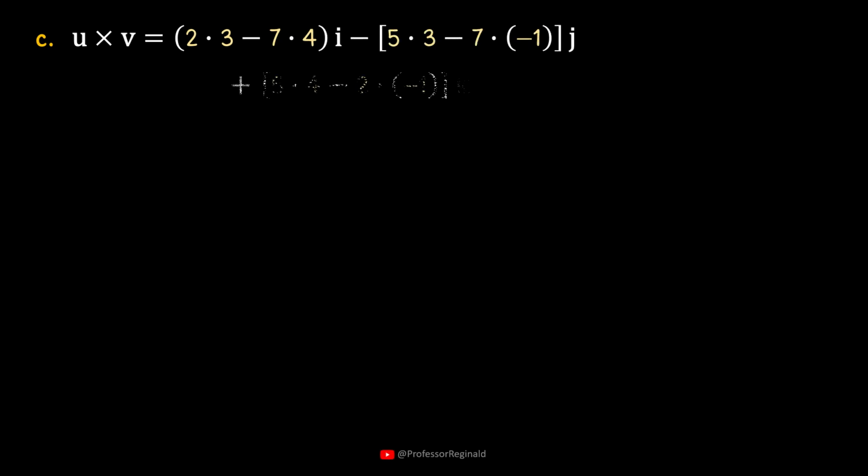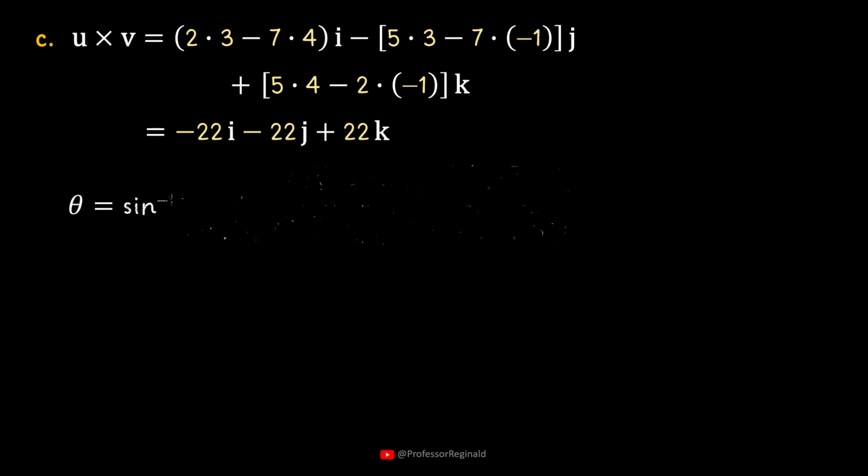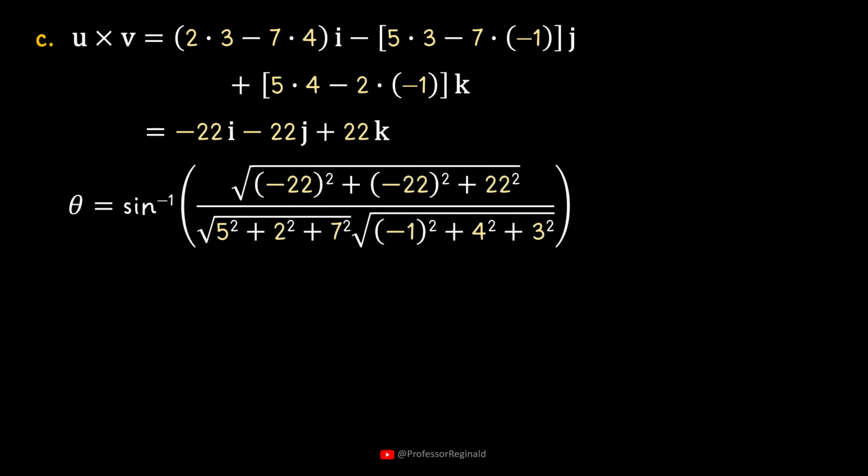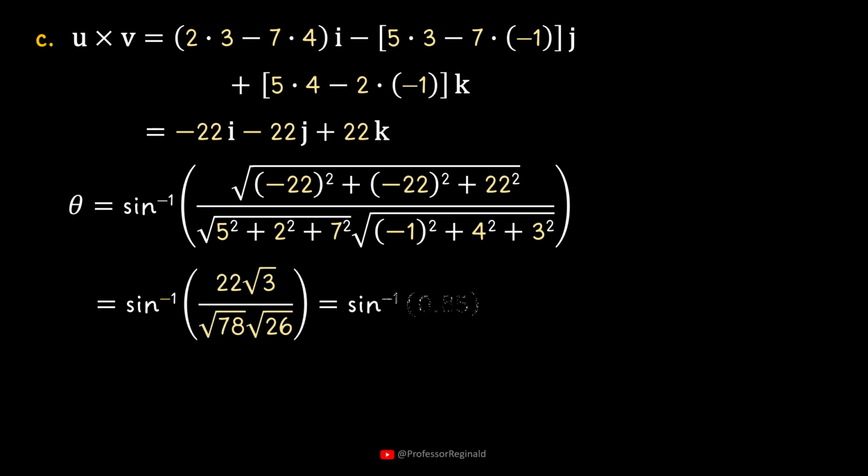C. Compute the cross product of u and v. Use the derived expression for theta. Thus, theta is 1 radian or 57.80 degrees, which means u and v are not parallel.